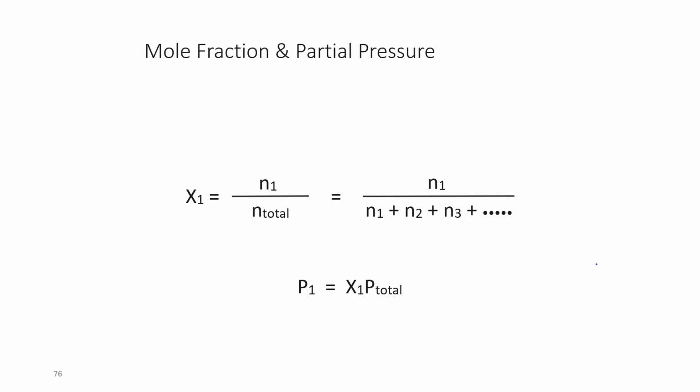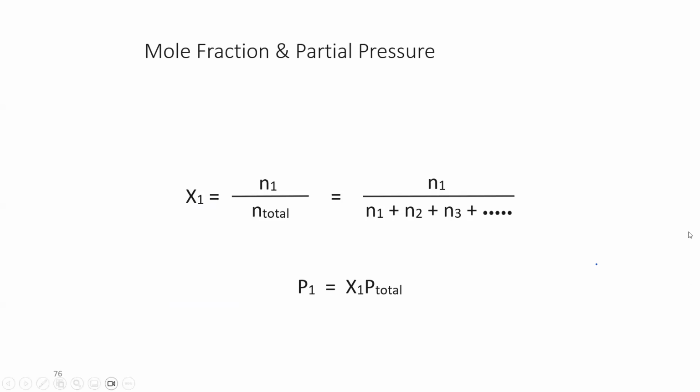So looking at the equation at the top there, that's just our mole fraction. So X, or X1 in this case, would be the mole fraction for gas 1. So it's the moles of gas 1 over the total moles of gas. And what we can do is take that mole fraction and relate it to the law of partial pressure.